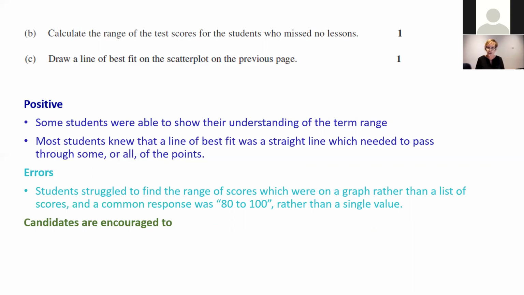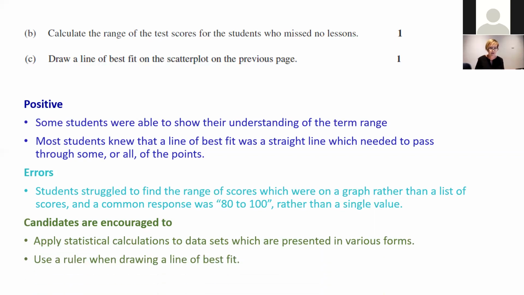A common response was to report that the range was 80 to 100 rather than giving a single value. So we want them to apply statistical calculations to data sets which are presented in various forms, and particularly to use a ruler when drawing a line of best fit.